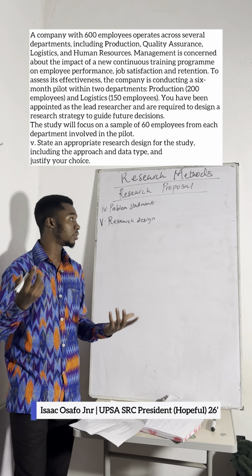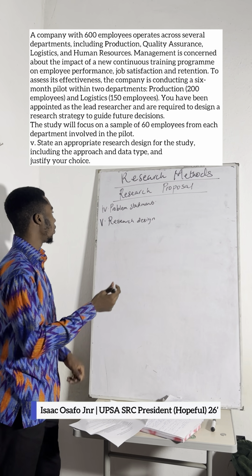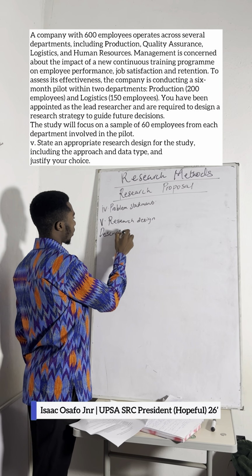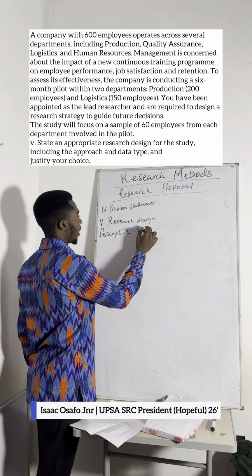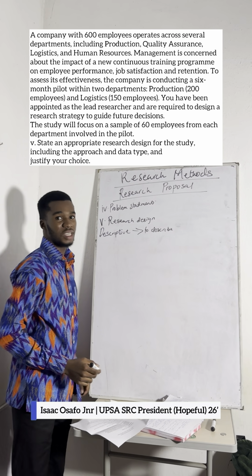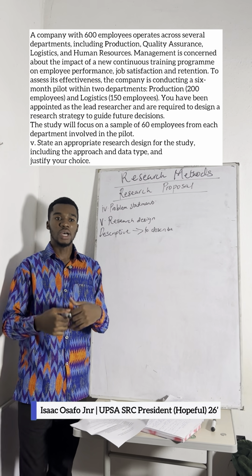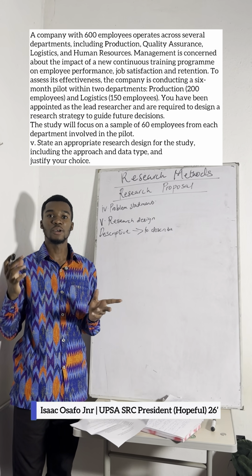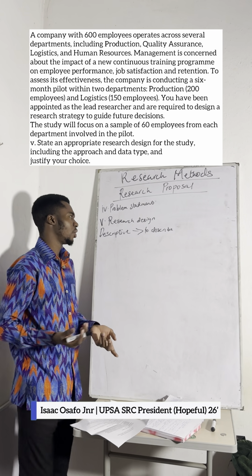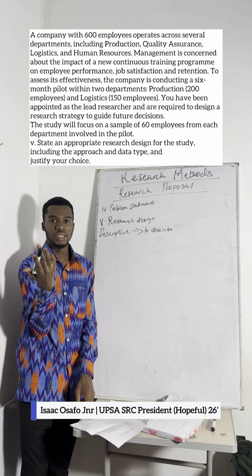Now, how do you know which research design to use? When we say descriptive, it just means to describe. So if you are conducting a research where the people you are going to ask questions are going to describe an event or describe how something affects them, you use the descriptive. Do you get it?